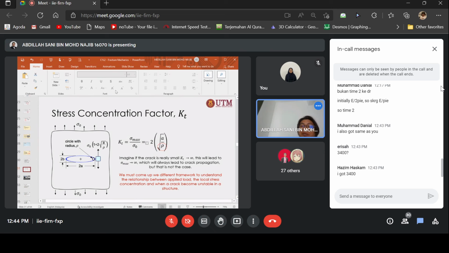We identify a stress concentration factor, which multiplies the nominal stress that you applied to a very high number comparable to the cohesive strength. That is why your experimental yield strength and UTS somehow is not that high.